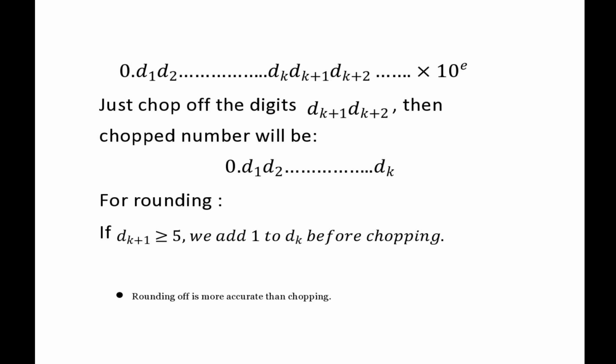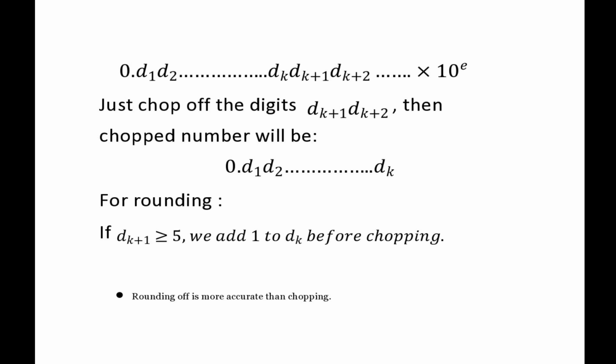Chop means just cut it off and write the number as it is. So if I chop this number up to dk, the scientific representation becomes 0.d1 d2 up to dk times 10 to the power e. It doesn't matter what dk plus 1 is. So this is chopping.